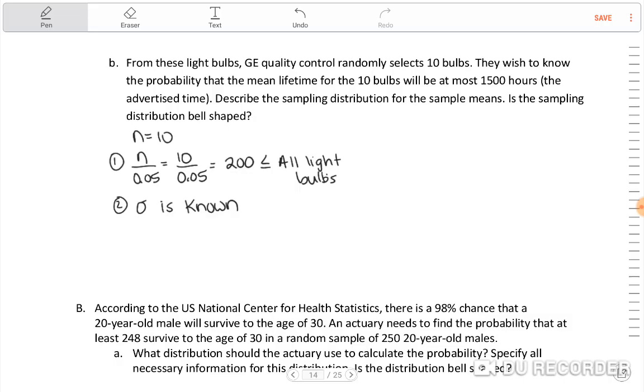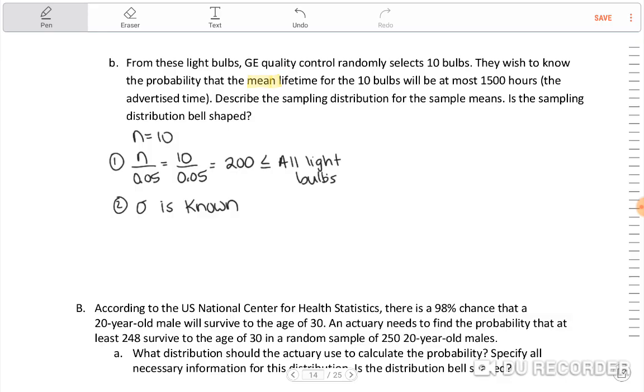Okay. So we are talking about the mean lifetime of light bulbs. When you see the mean lifetime of a group, and it's under normal distributions, we're talking about the sampling distribution. So we need to use the chapter 8 formulas.